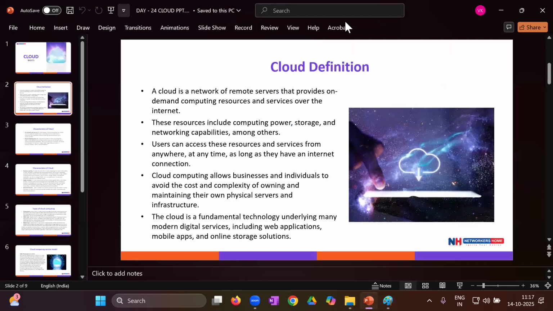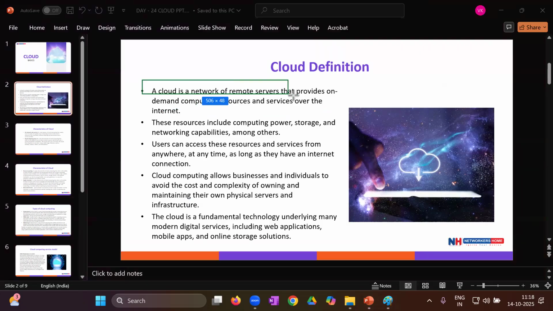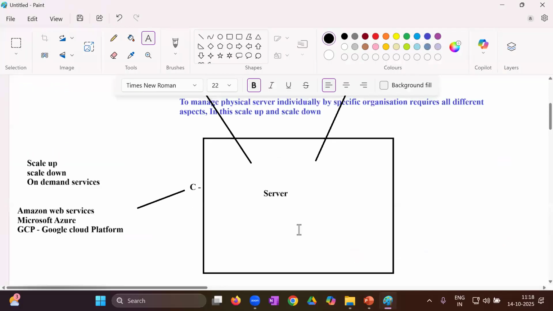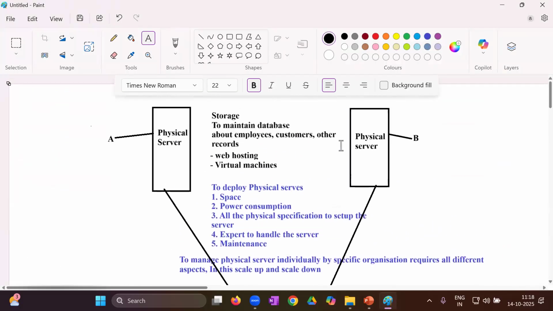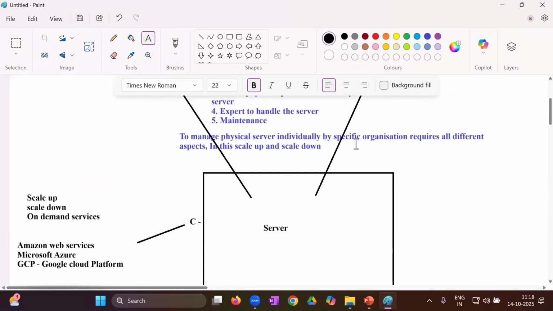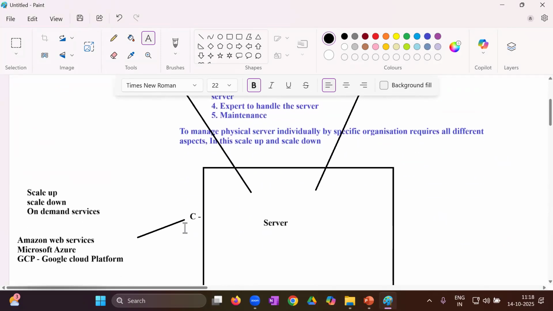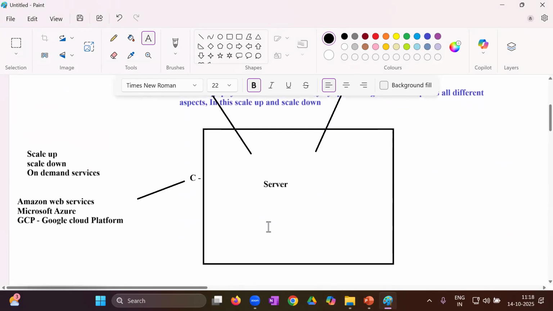So see what it says: cloud is a network of remote servers that provides on-demand computing resources and services over the internet. It means this is the location of company A and company B, whereas my server is located with company C, at a different location.